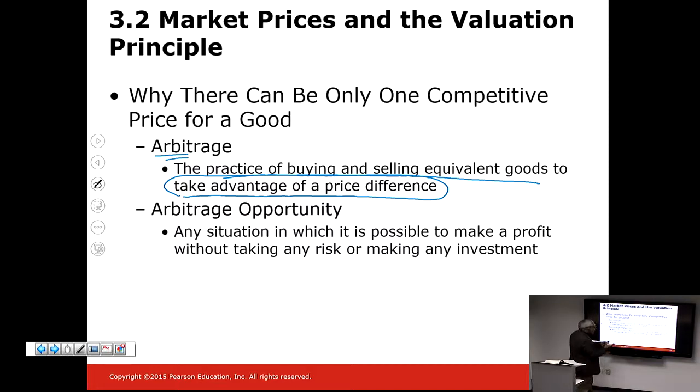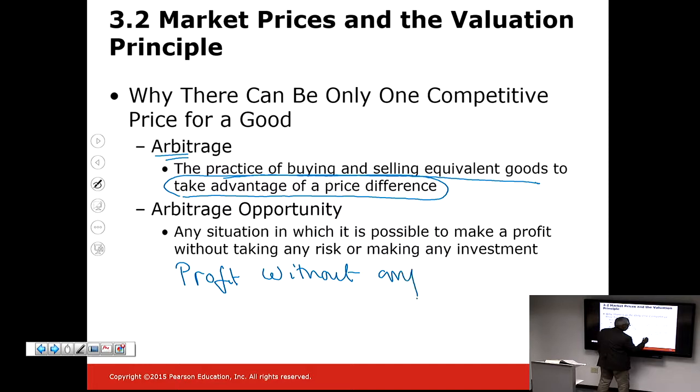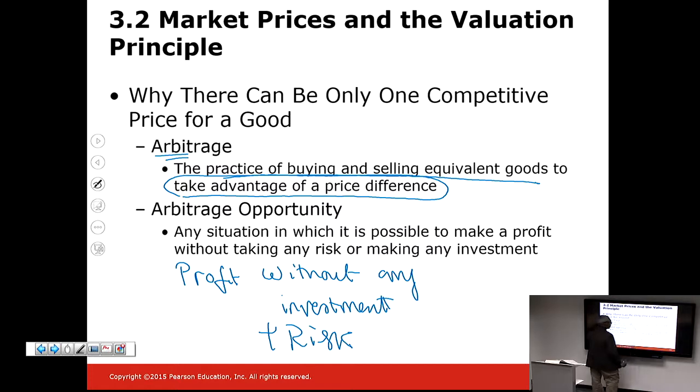A more technical way of defining arbitrage is to make profit without any investment and without any risk.